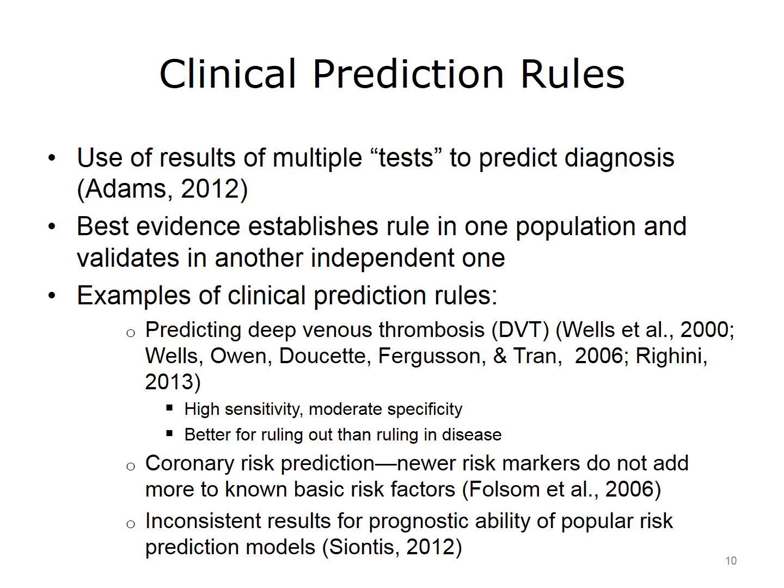Another study showed limited evidence and inconsistent results about the relative prognostic ability of the most popular risk prediction models for cardiovascular disease. The techniques of clinical prediction rules can be used to evaluate new markers for disease as they are developed, as well as to compare results between studies.